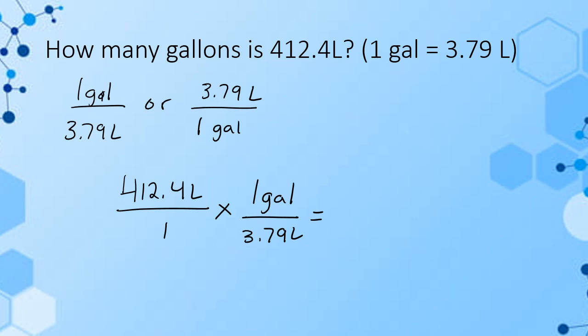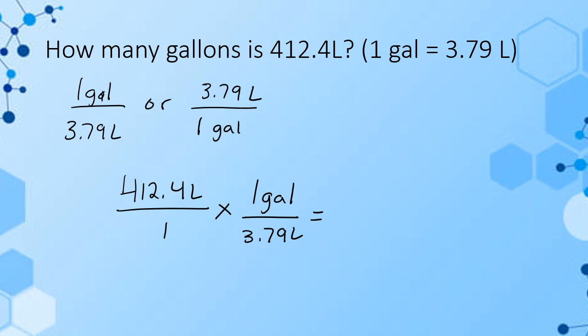When I multiply that through, the math tells me to do 412.4 times 1 divided by 1 times 3.79. That will essentially work out to 412.4 divided by 3.79. The answer to which is 108.8126649.